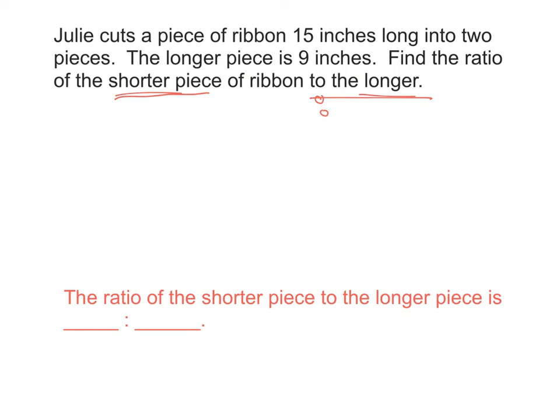Well, right now I know the total right here is 15 inches and the longer piece is 9. I don't know the shorter, so I need to take 15 minus 9 to give me the shorter piece, and that gives me 6 is my shorter piece.